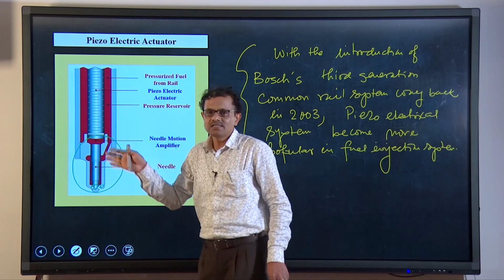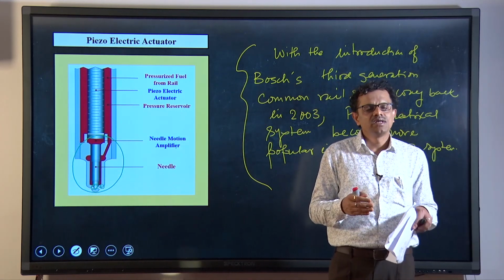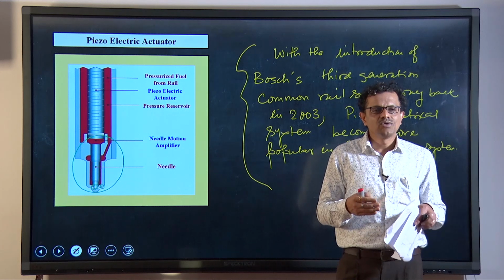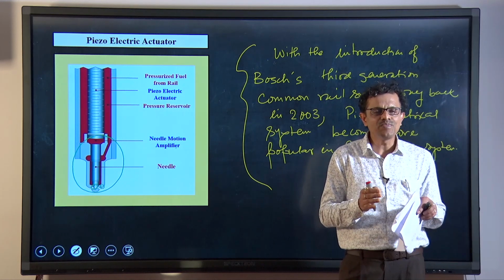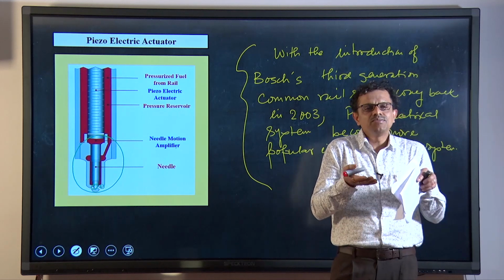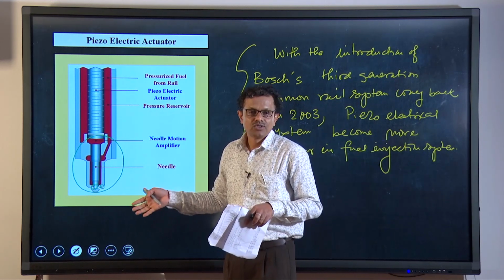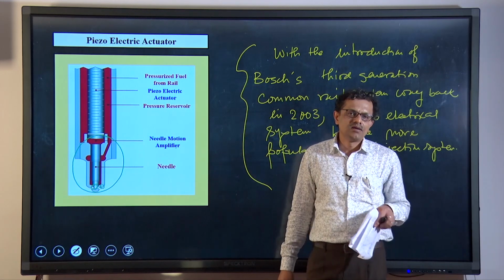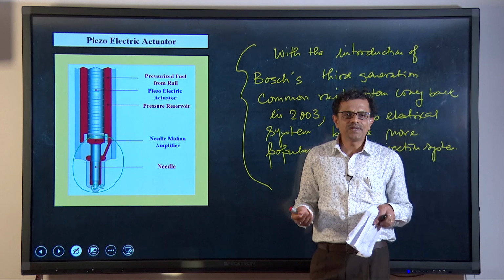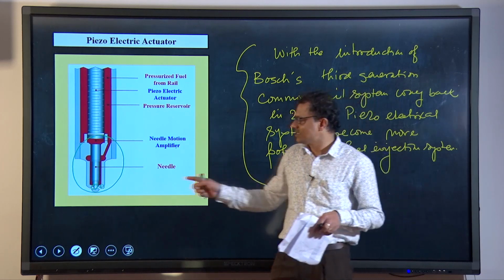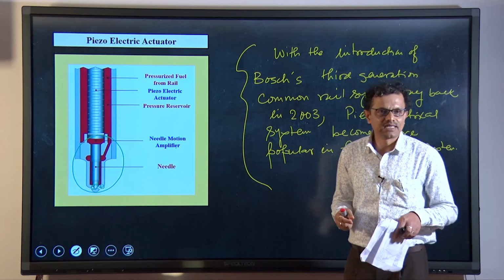If the crystals had significant or high mass, then even though we allow current to flow, that inertia would not allow them to expand, and would not allow the needle to come down. Because of the negligible mass of the crystal, inertia is less. Typically the time of opening and closing the needle is of the order of 250 microseconds.